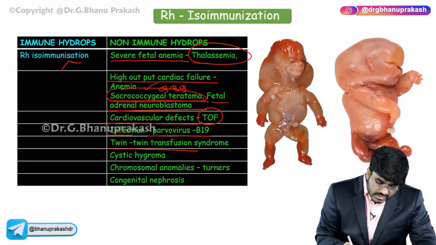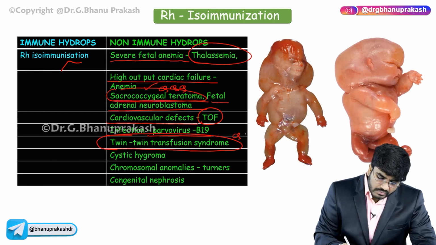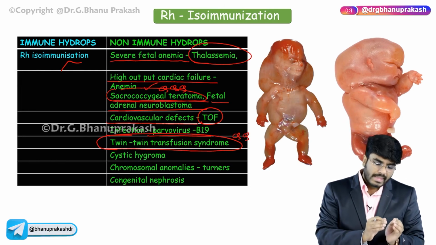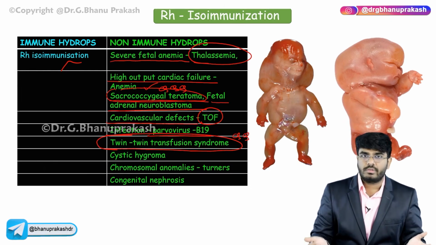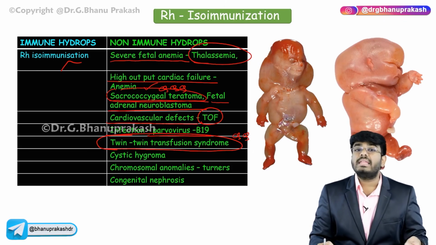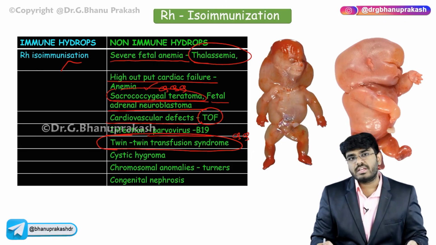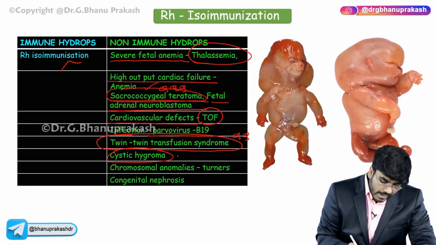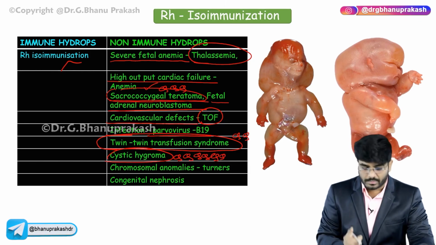And twin transfusion syndrome, yes, we have discussed this. In twin transfusion syndrome, one baby is going to have polycythemia and one baby is going to have anemia. Both the babies can die. Even in twin transfusion syndrome, one baby is going to develop anemia, and anemia can lead to hyperdynamic circulation, high output cardiac failure, and the baby can die. And cystic hygroma, MCQ, cystic hygroma can lead to non-immune Hydrops, very important.